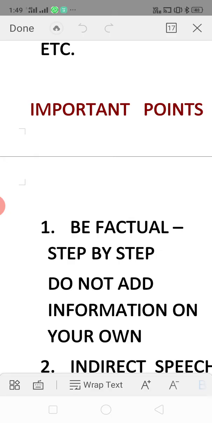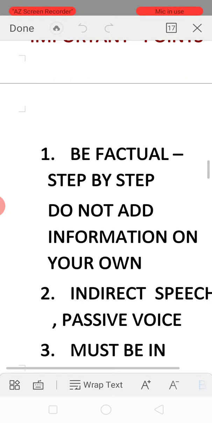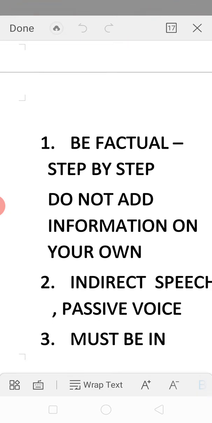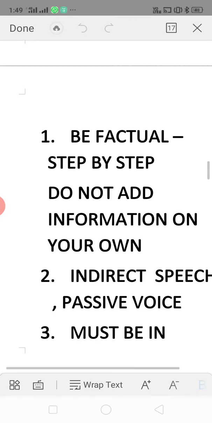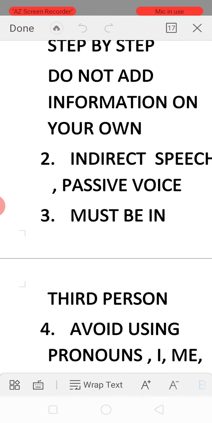Now, what are the important points you will take into account? Number one, be factual, step by step. Do not add information on your own. Do not make up your stories. Your report should be based on facts. Two, it has to be taken into account that report writing is to be done in indirect speech in the passive voice.